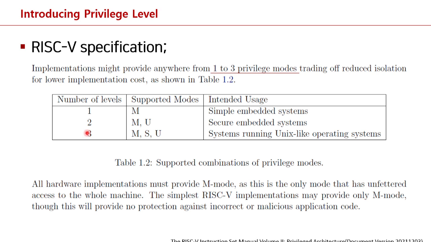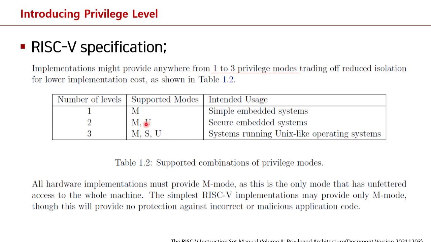In some cases, your embedded system requires much more specification than this case, and then the user application can be implemented in the user mode, and a real-time operating system or advanced real-time operating system can be implemented in the machine mode.